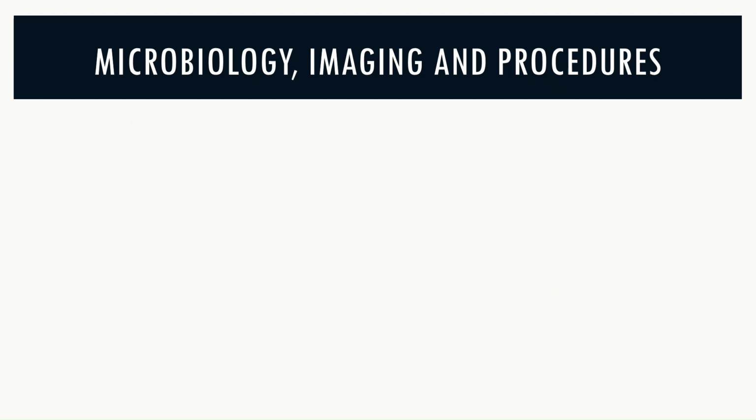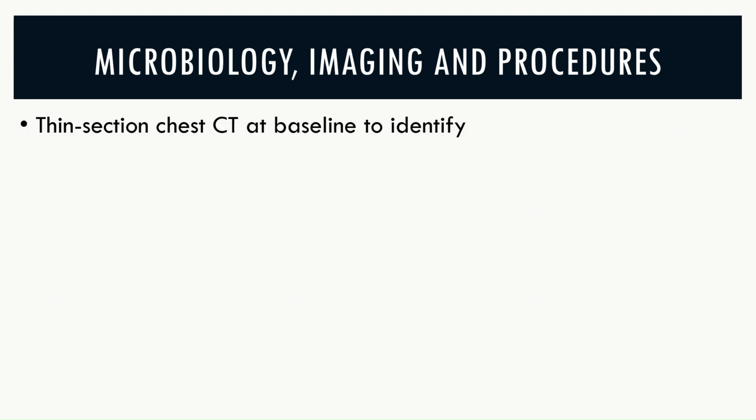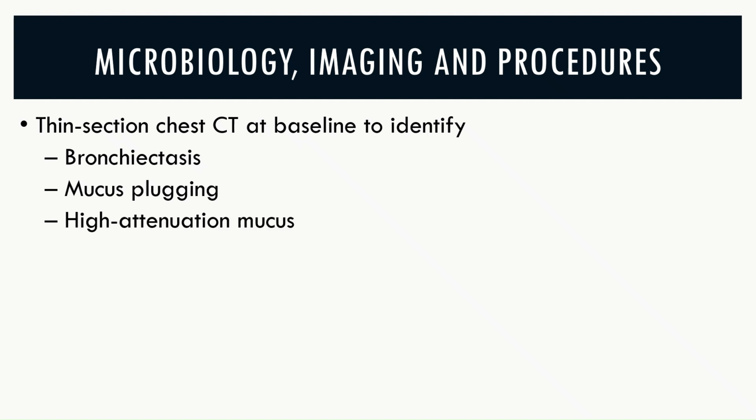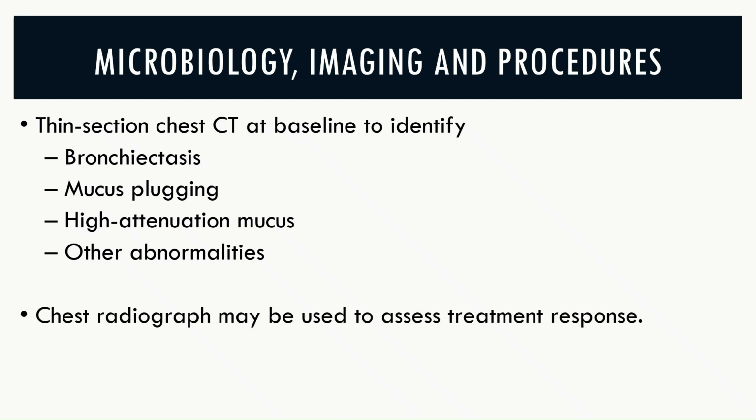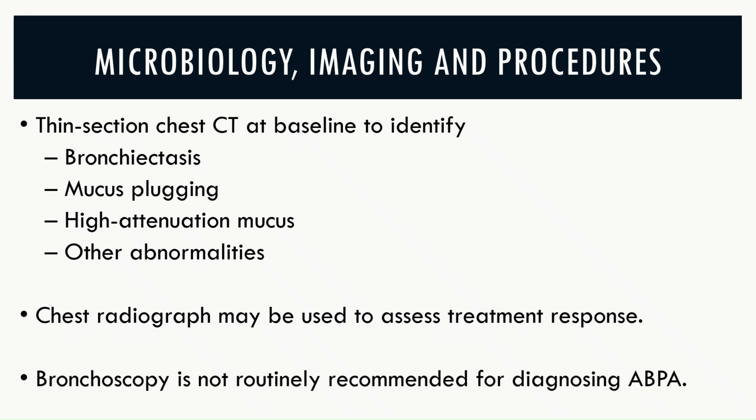For imaging, a thin-section HRCT is recommended at baseline in patients with suspected ABPA to identify bronchiectasis, mucus plugging, high-attenuation mucus and other abnormalities. Chest X-ray may be used to assess treatment response. Bronchoscopy, however, is not routinely recommended for diagnosing ABPA.